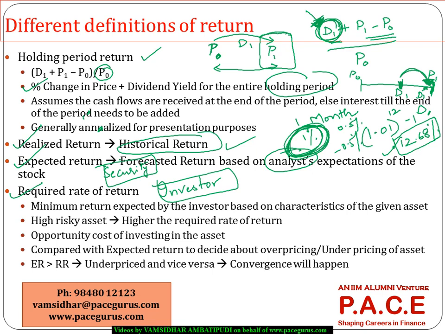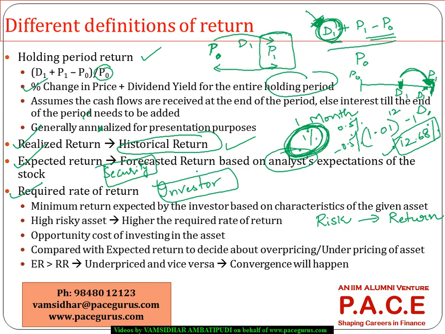But when I say required rate of return, what is that minimum basic return which the investor expects if he has to invest in this particular security? That is purely based on the characteristics of the given asset, understanding the risk behavior of this asset. Based on the risk behavior of the asset, what is the return?